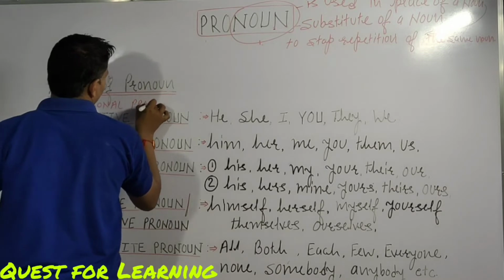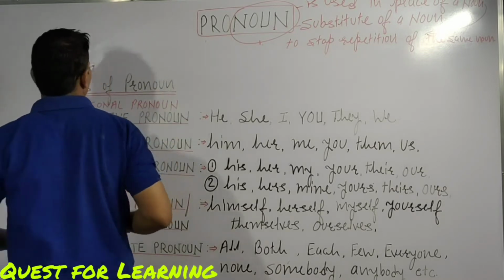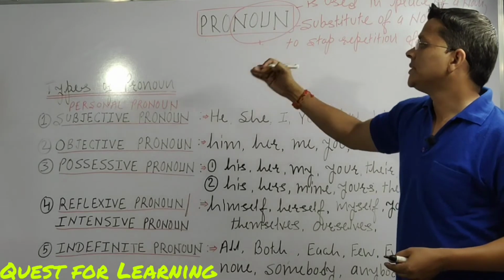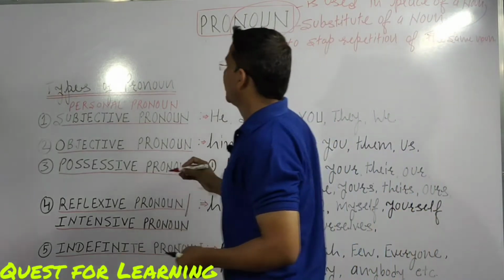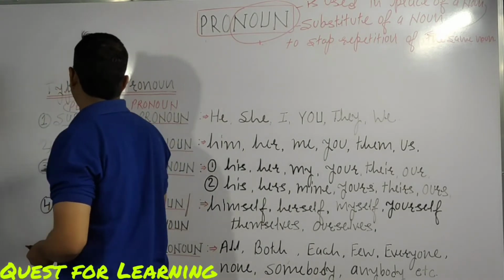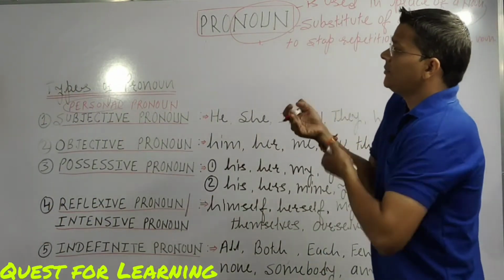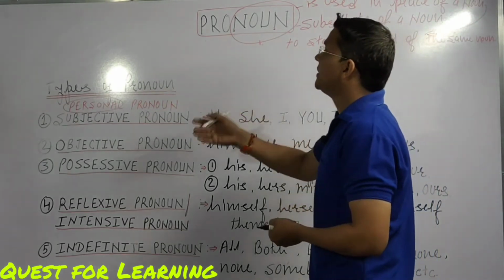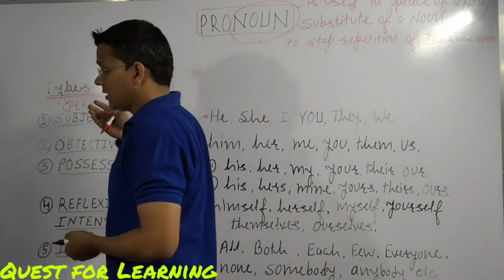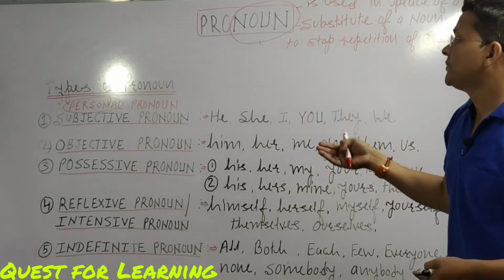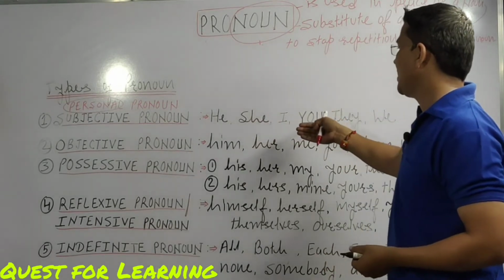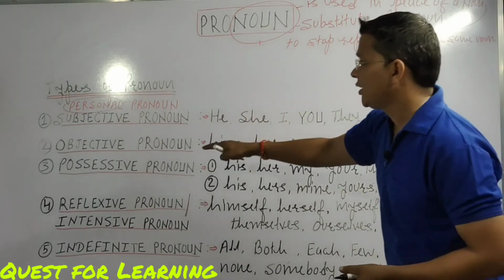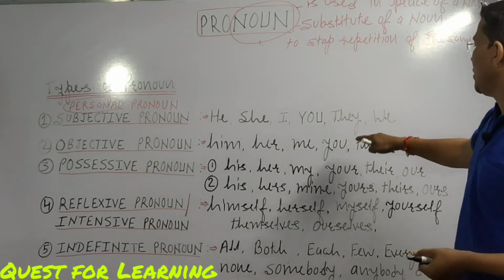The word personal suggests that it is related to a person. Subjective pronouns: he, she, I, you, they, we. Objective pronouns: him, her, me, you, them, us.